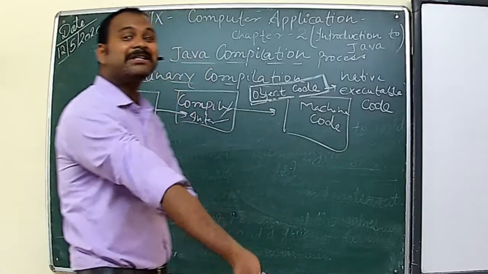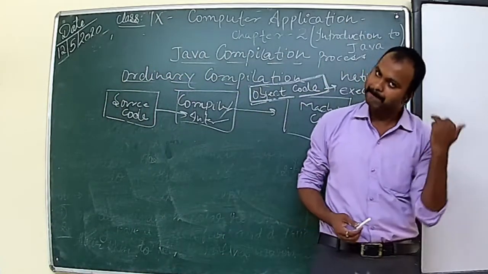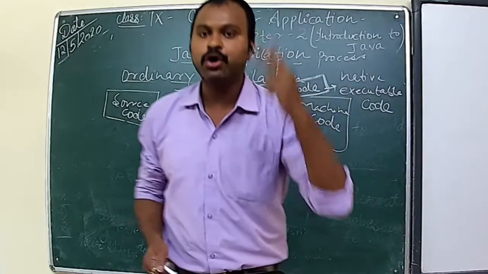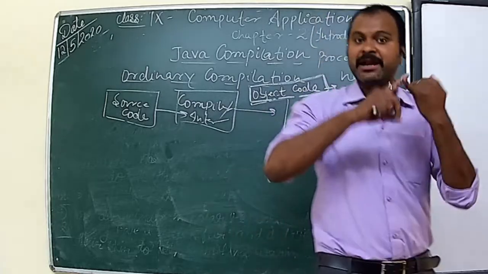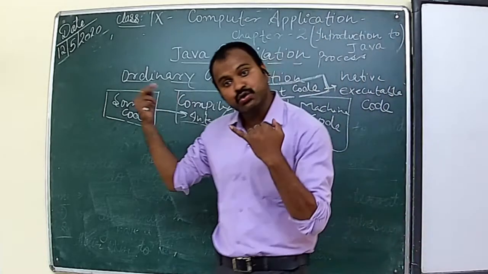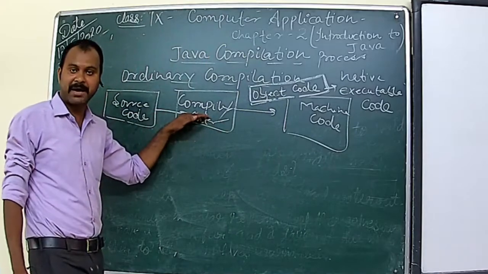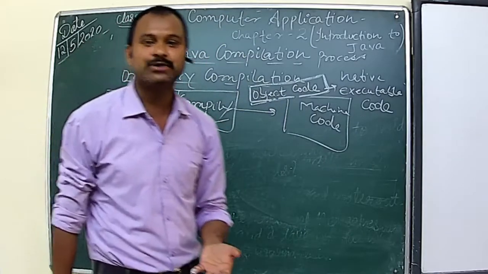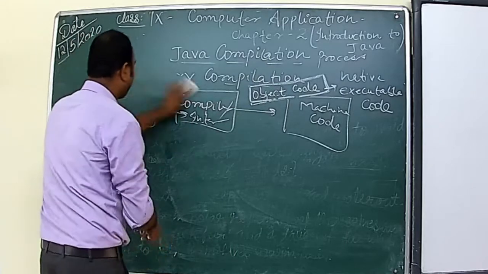But Java uses both a compiler and an interpreter, so the source code is converted two times. When we convert source code with the help of the Java compiler, it provides you bytecode. Let's see how it happens in the Java compilation process.